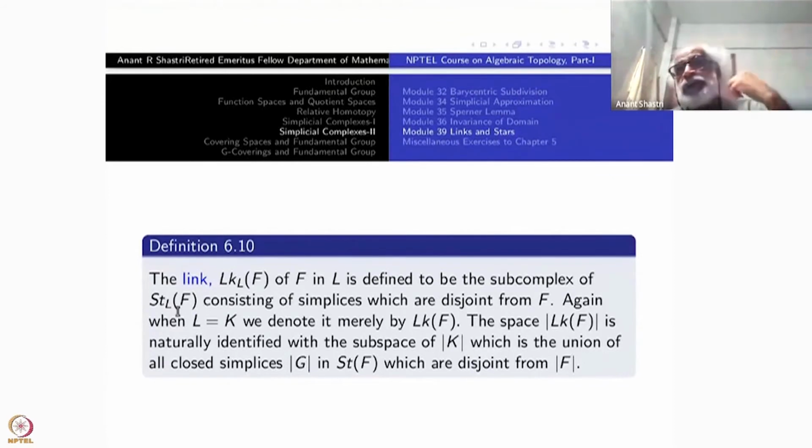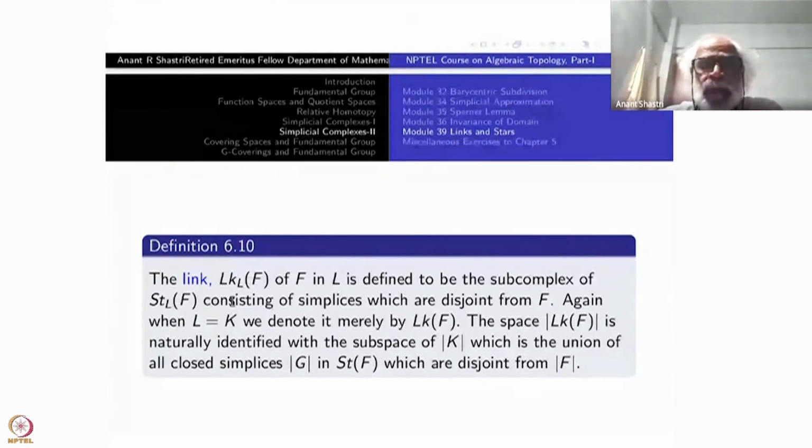It contains all G such that G union F is a simplex inside L. You look at that, but only take those simplexes which are disjoint from F. Say some G is there, G intersection F is empty, but G union F is inside L because it must be in star of F in L. If it is far away, then that will not be taken.